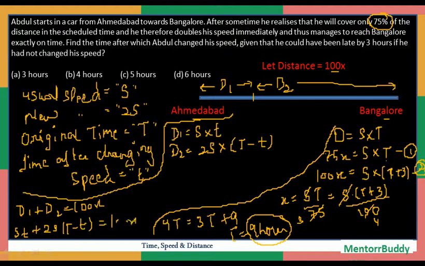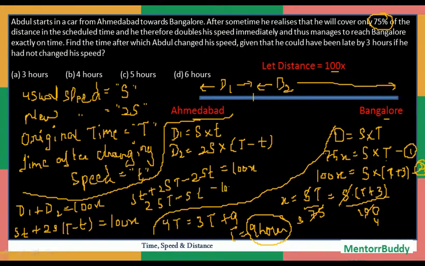Solving this further, this can be written as st plus 2sT minus 2st is equal to 100x. Solving this further, this can be written as 2sT minus st is equal to 100x.